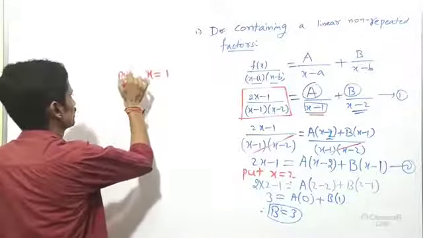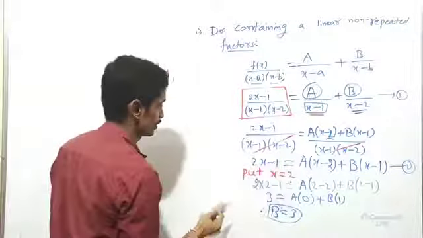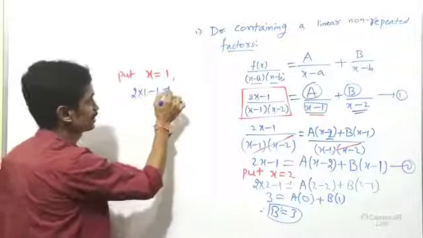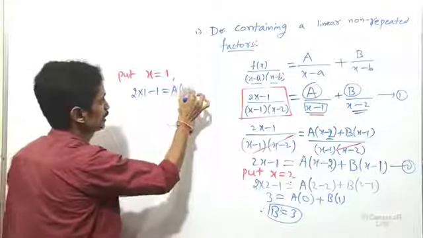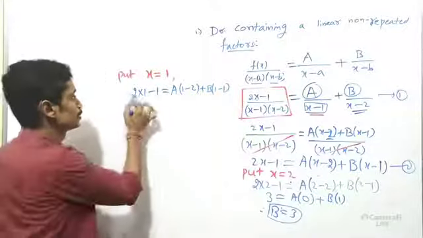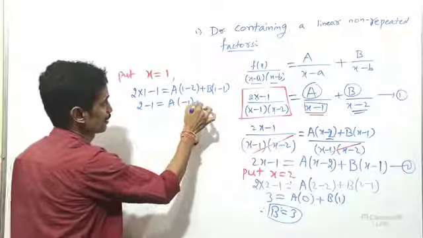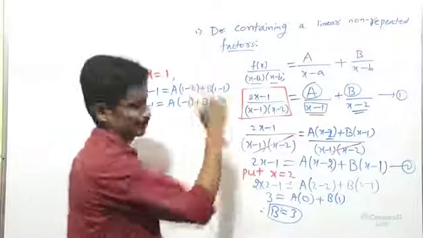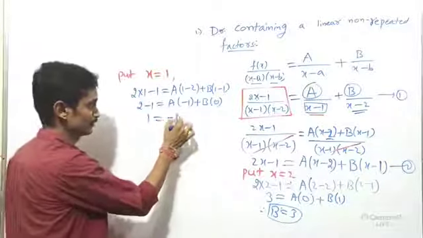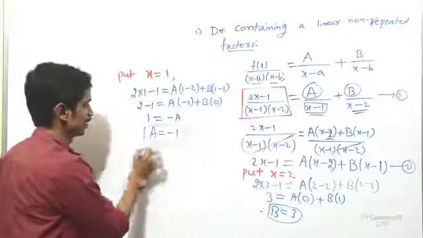So replacing x equal to 1 in equation number 2: 2 into 1 minus 1 is equal to a into 1 minus 2 plus b into 1 minus 1. 2 ones are 2 minus 1, a into minus 1 plus b into 0. After that 2 minus 1 is 1, a into minus 1 will be minus a. Therefore, finally we get a equal to minus 1.